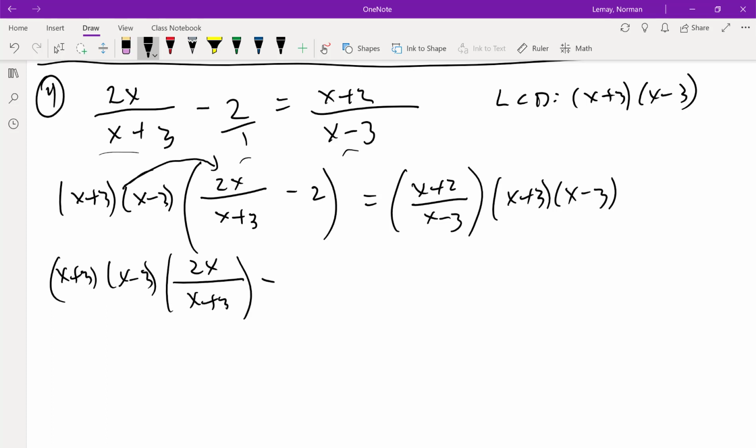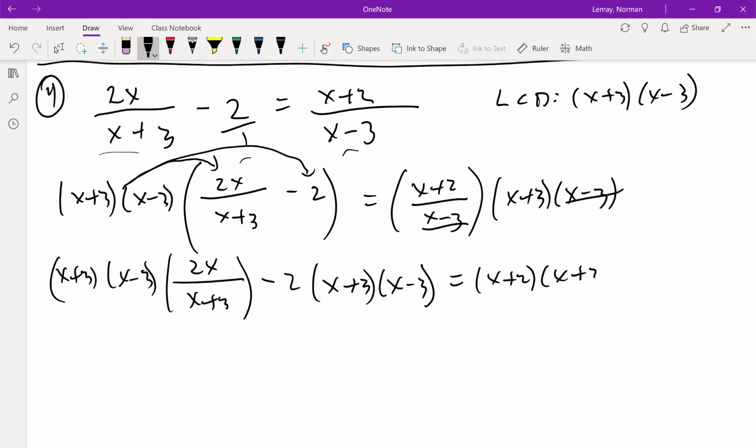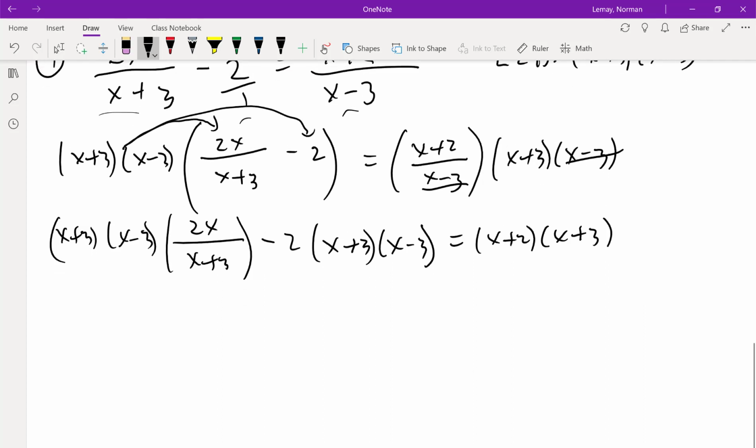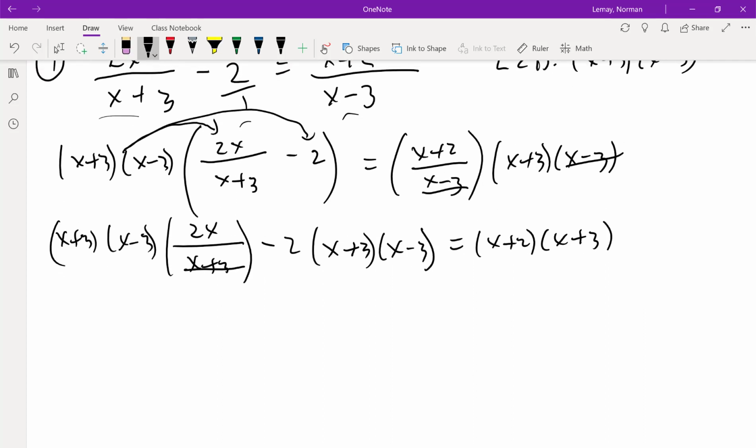And now we've got to bring all of this over here. So 2x times x minus 3 equals, and let's just note that the x minus 3's over here cancel out. So I get x plus 2 times x plus 3. Okay, so this x plus 3 cancels with this x plus 3. So we get x minus 3 times 2x minus 2, and I'm going to go ahead and FOIL this.